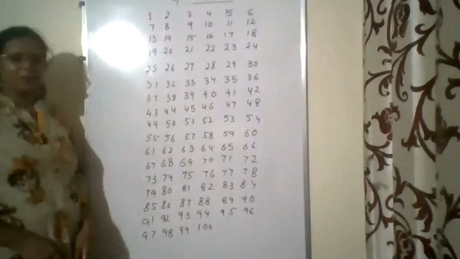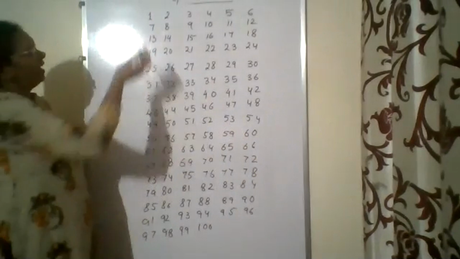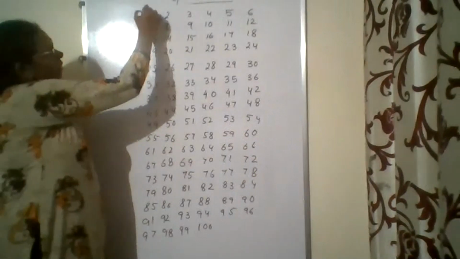So students, now let's learn how to find the prime numbers between 1 to 100. It is a trick. Now see, we know 1 is neither prime nor composite, right?